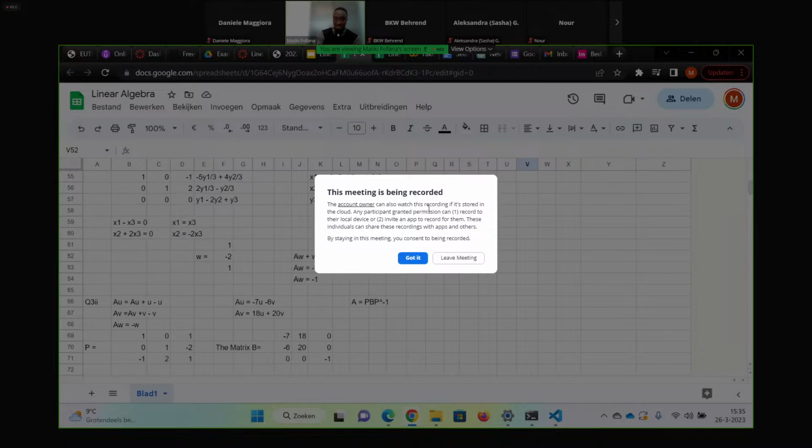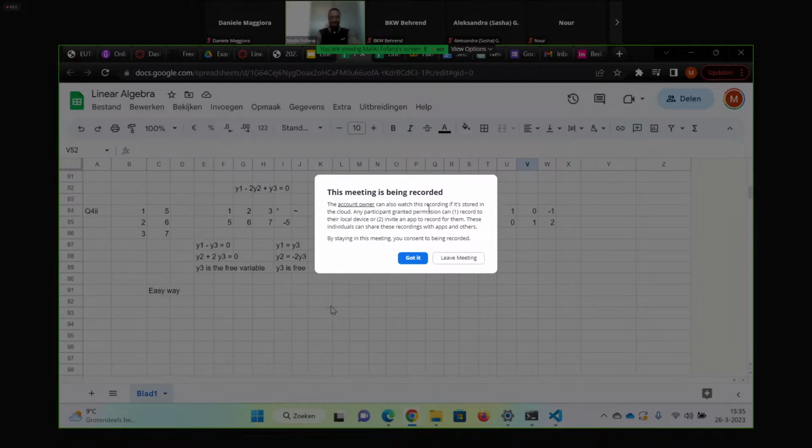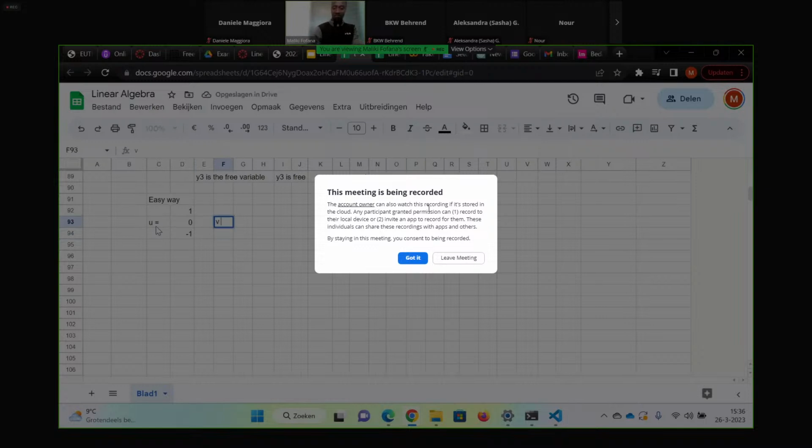Nothing will change. If we just took the u and v the easy way, just think, what is my u? In this case, the u is 1, 0, minus 1, and then the v will be 0, 1, and 2.